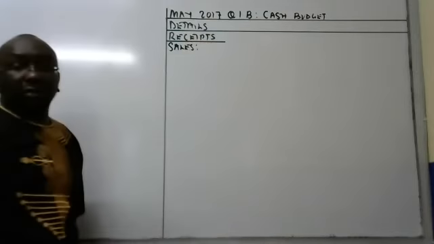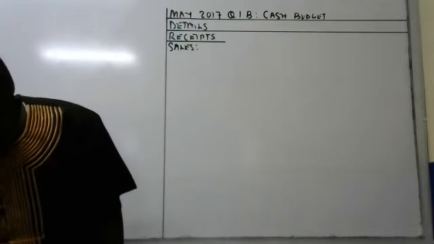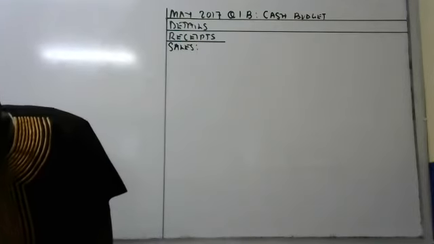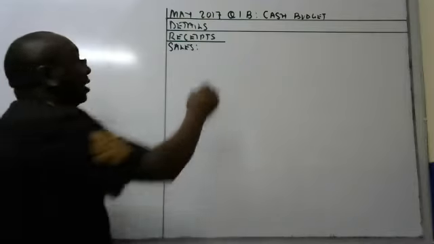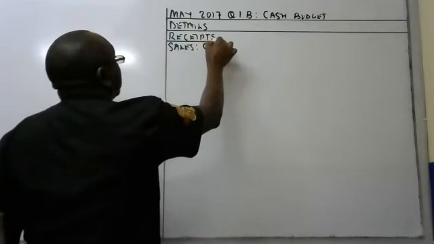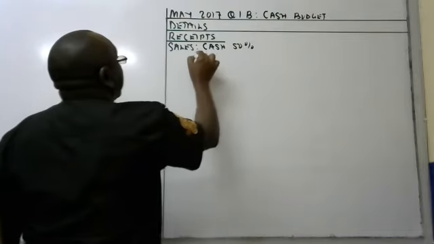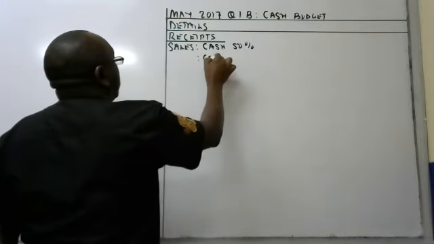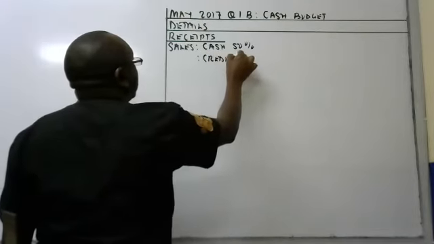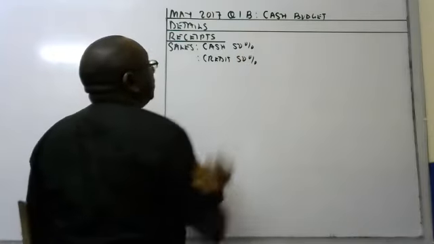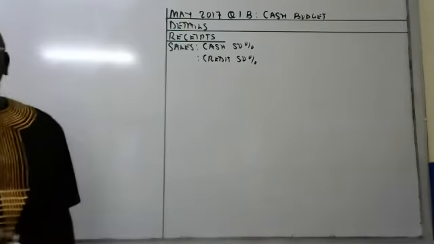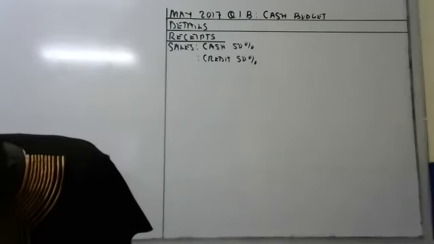We have sales, and according to information 8, we have cash sales, which are 50%, and therefore we have the credit, which is also 50%.